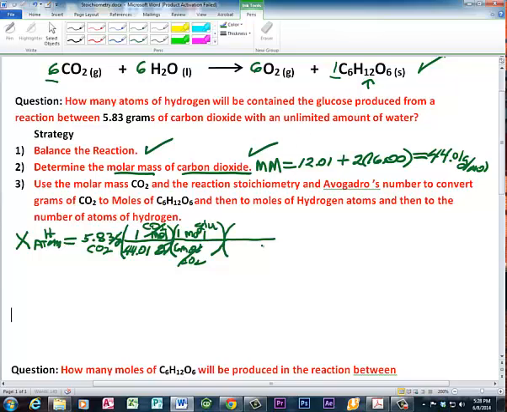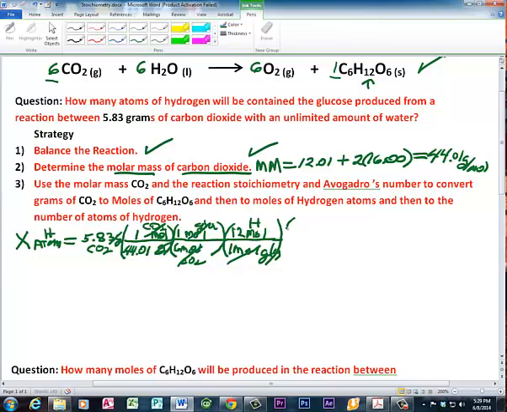So since I'm in moles of glucose, it makes sense to go from moles of glucose to moles of hydrogen. And we've just said that there are 12 moles of hydrogen in every 1 mole of glucose. That allows me to cancel moles of glucose. I'm now in moles of hydrogen.